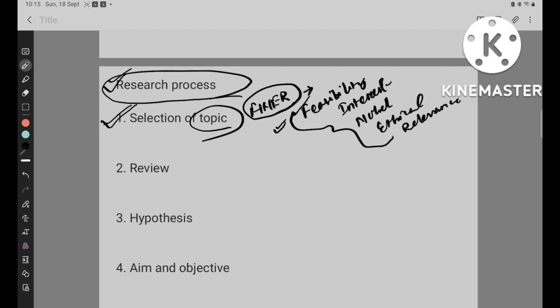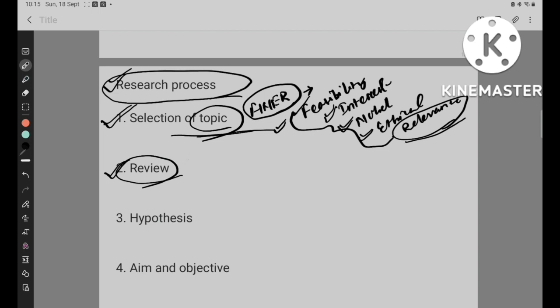These 5 components need to be taken care of before the selection of topic. The topic must be feasible. The researcher must have some interest in the topic. It must be novel, meaning certain new things are needed. It must be ethical and relevant. After the topic selection, there is another part, the review part.